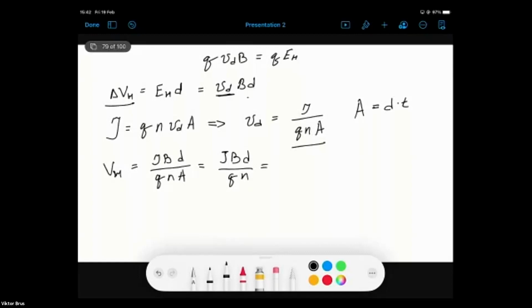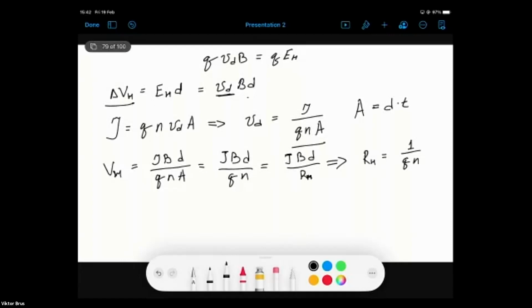This can be further written in another form: J times B times D divided by R_H, where R_H is the so-called Hall coefficient. And from here we can show that the Hall coefficient is equal to 1 over Qn.